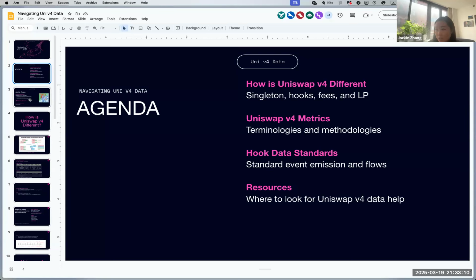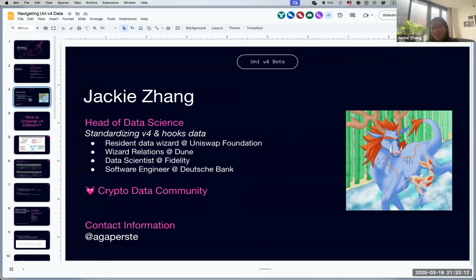So, my name's Jackie. I am currently doing data for Uniswap Foundation. I'm the resident data wizard for Uniswap Foundation. I used to work at Dune as wizard relations, and that is actually my official contract title. Before that, I was in the TradFi world, and then I got won over by crypto because I love Web3 data so much.